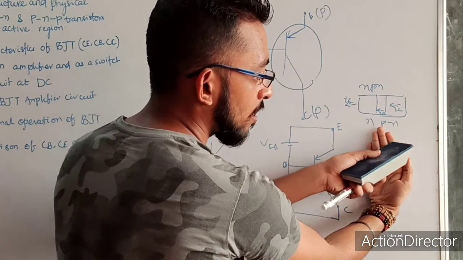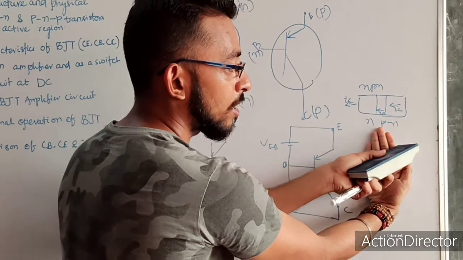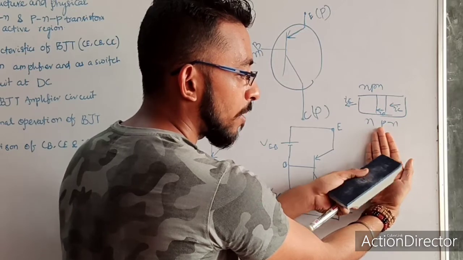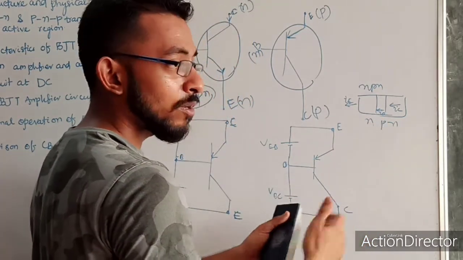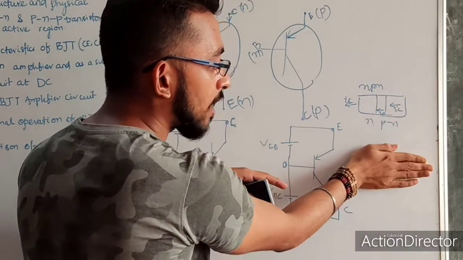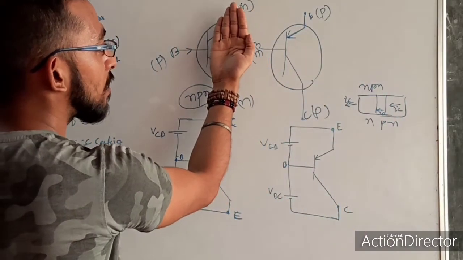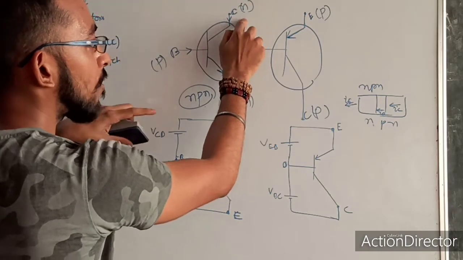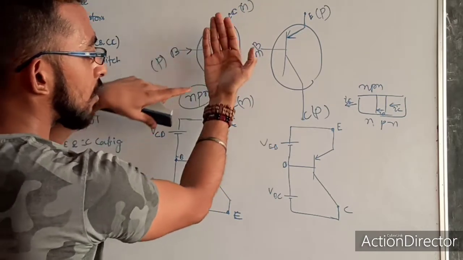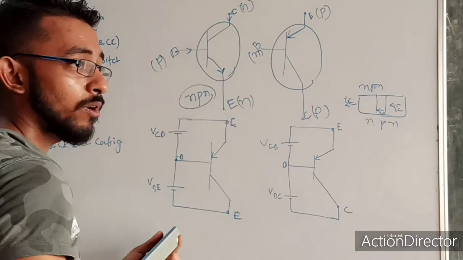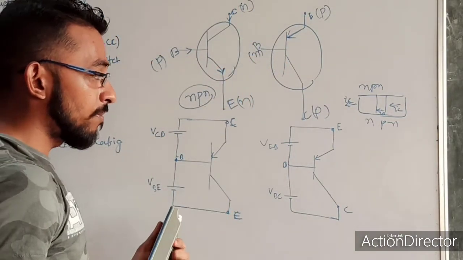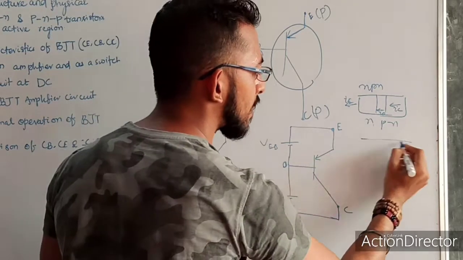What were my fingers representing? My fingers were representing collector. This center part was representing base. And the last part, my wrist, was representing the emitter. So you see, I have taken this diagram from here and put it here like this. So this is the collector which is at the top, this is the base which is at the center, and my wrist shows the emitter which is at the bottom. Okay, this is for the NPN case.